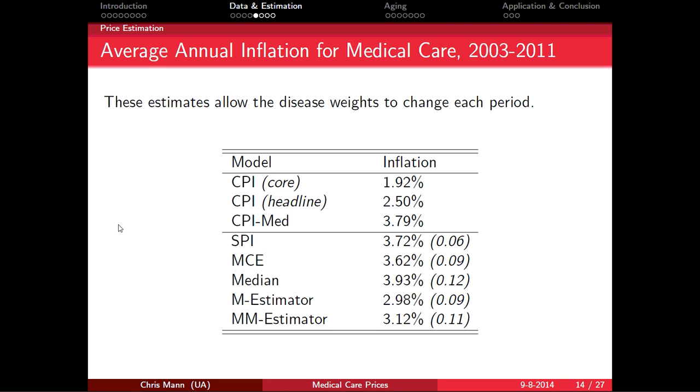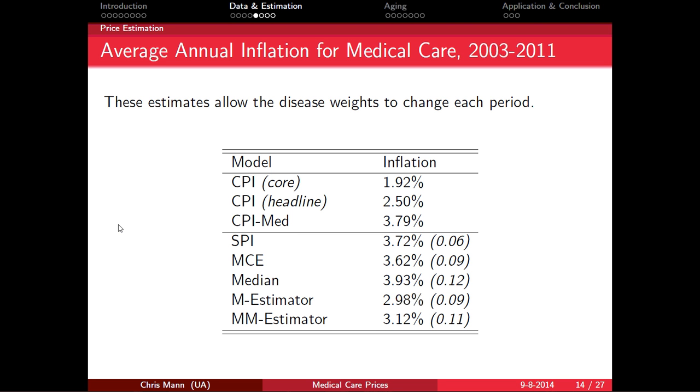Okay? Now, let's look at these other estimates of the MCE. What I've done here first is, instead of fixing a disease weight like the other studies have done, I just let the disease weights fluctuate from period to period. That way we can compare that to results from other studies.